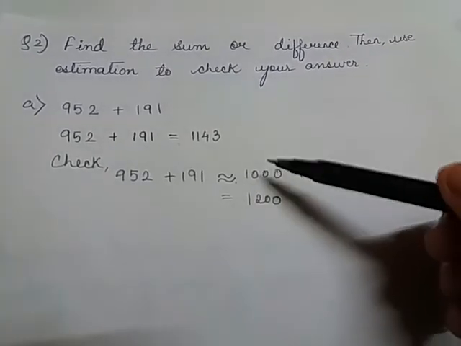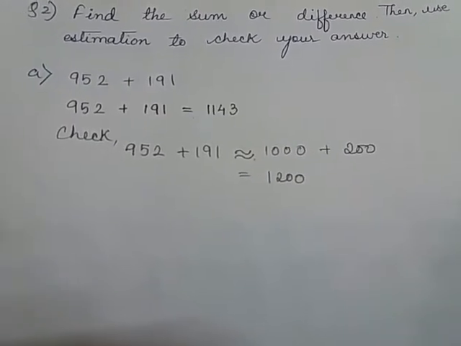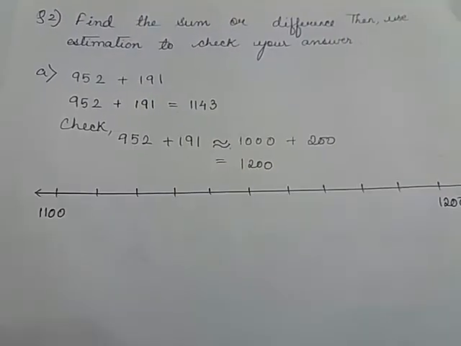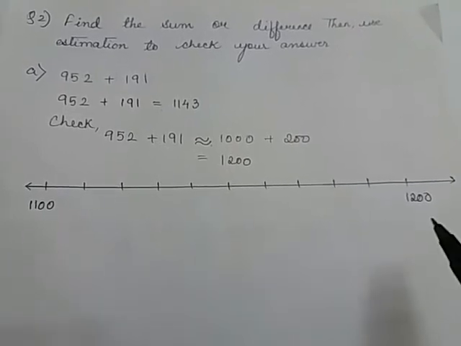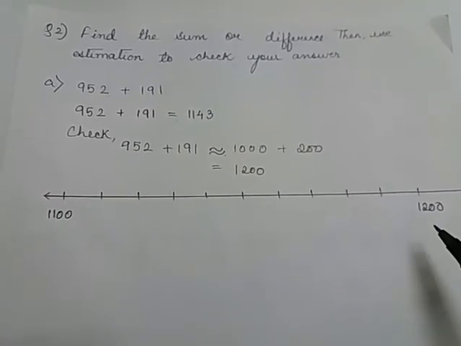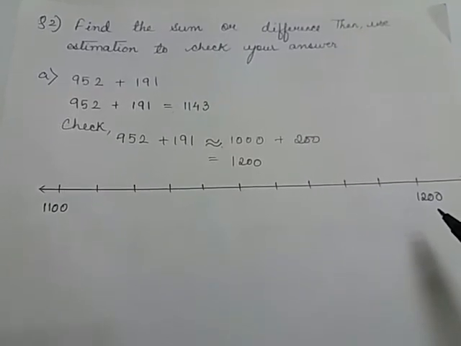For this we will be using the concept of range, and we will do this with the help of a number line. So children, you can see here I have drawn one number line that starts from 1100 and ends with 1200.